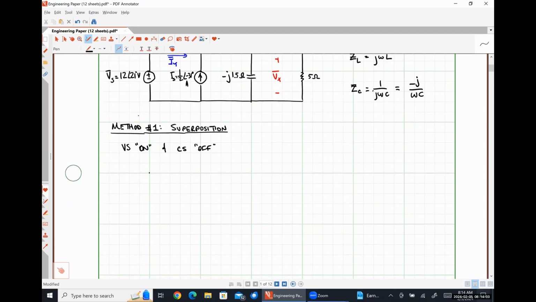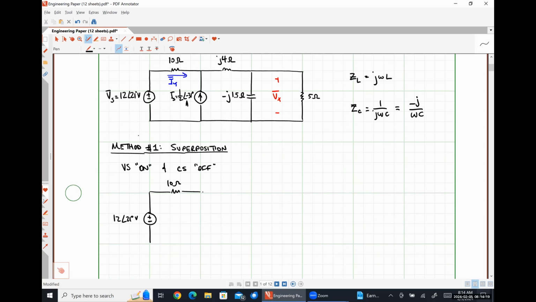So our circuit would look like this. 12 angle 21 degrees volts in series with a 10 ohm resistor in series with a j4 ohm inductance.